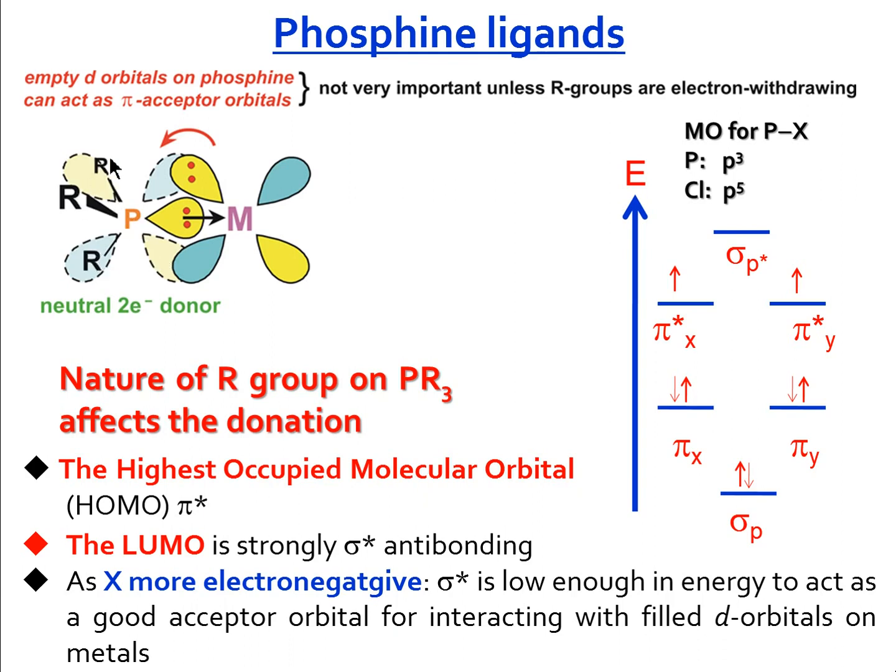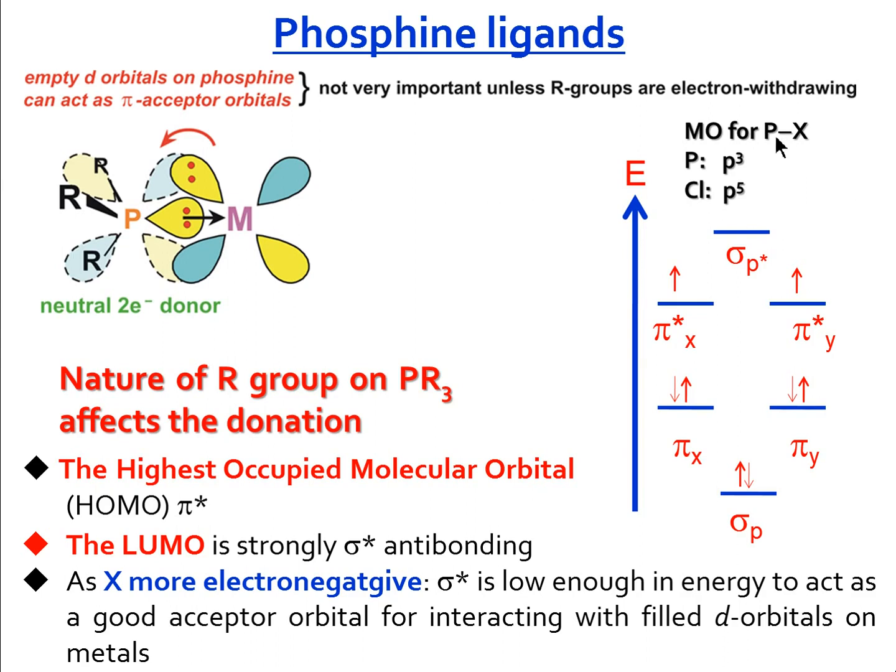And if R groups are electron withdrawing, and if the metal bound to phosphine is rich in electrons, we will have back donation from the metal M to the orbital of phosphine. In the case of CO, we saw that the back donation from M to CO occurs in the pi star orbital. So what is the acceptor orbital of phosphine?